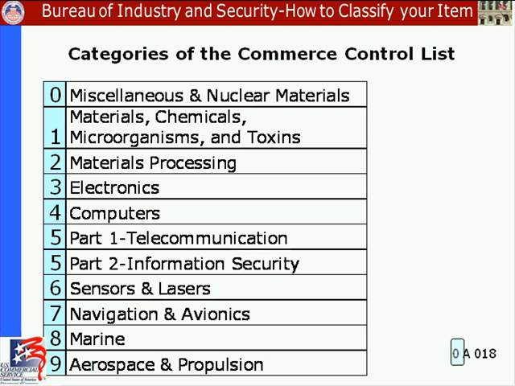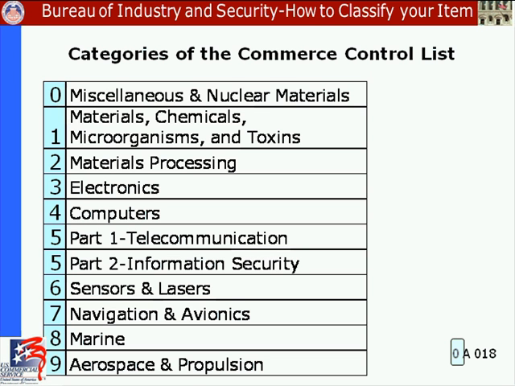So when you look for anything in category 5, make sure you look in both part 1 and part 2 before you say you cannot find it. Okay, part 1 is telecommunication equipment, very clear, and telephone switching systems are in Category 5, Part 1.